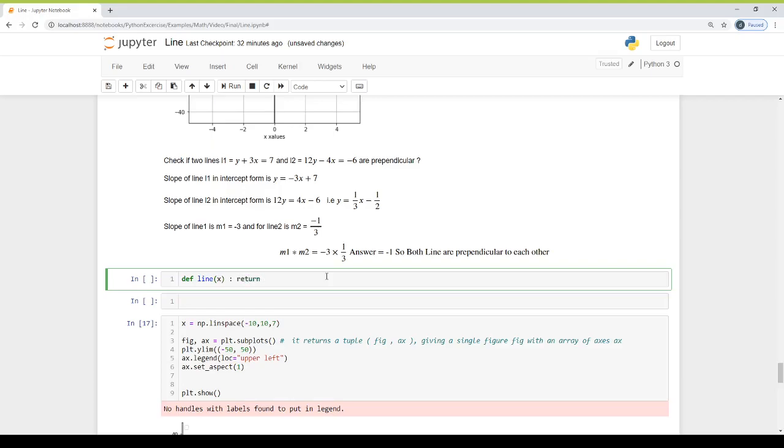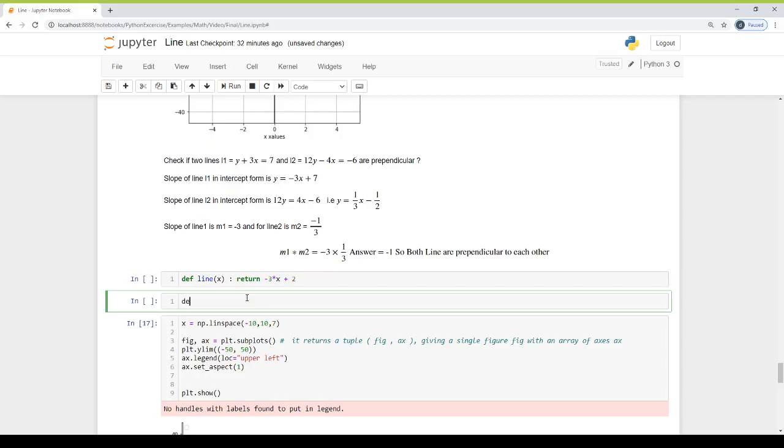Line 1 of x returns minus 3 into x plus 2, and define line 2 of x and return 1 by 3 into x minus 1 by 2.